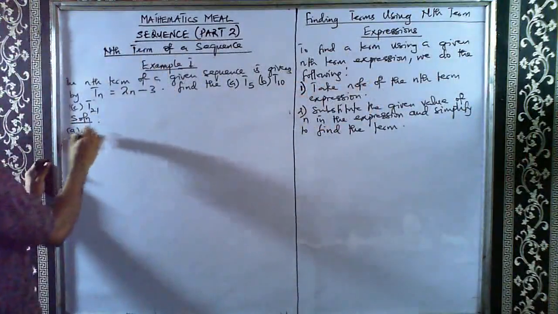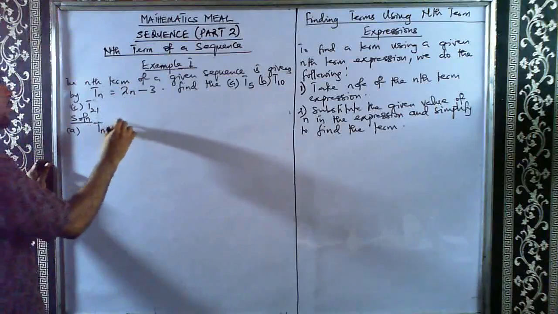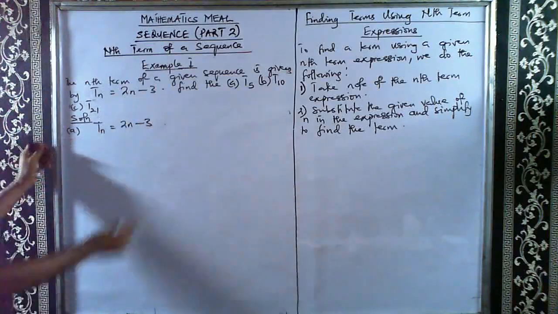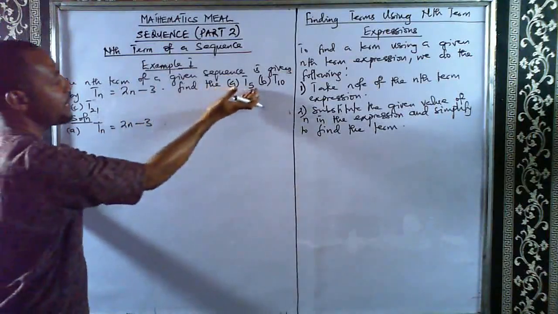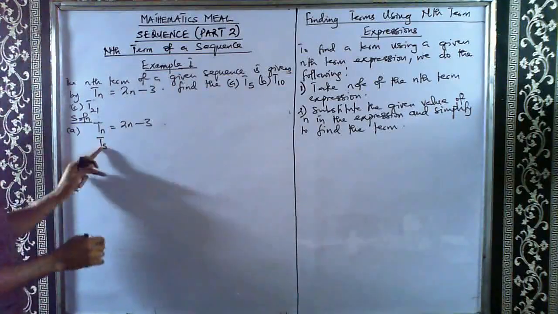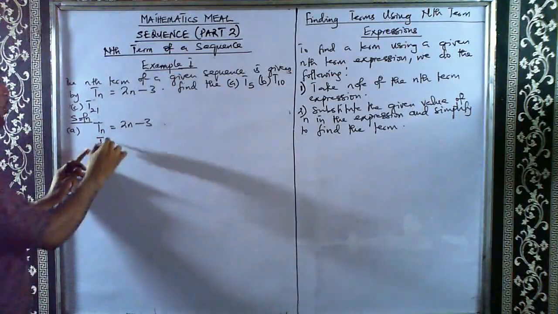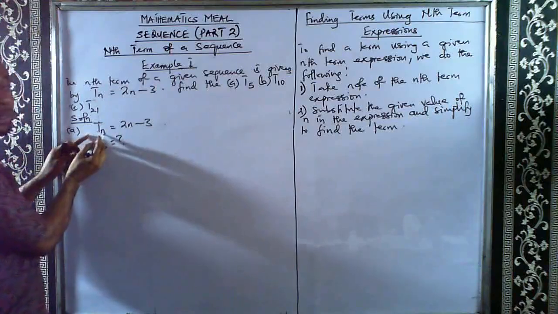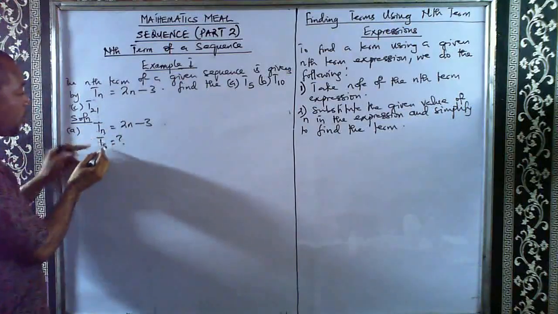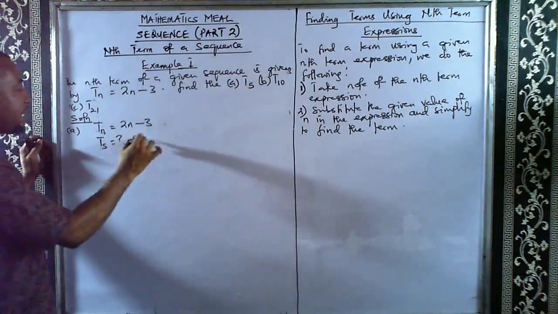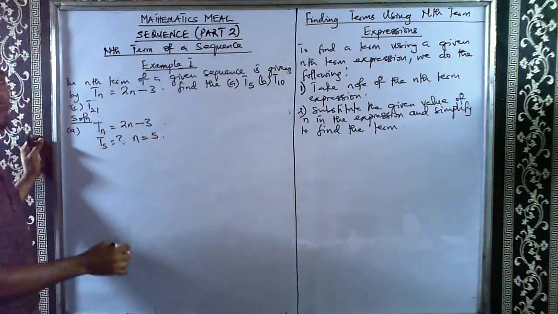So we want to solve the first question. The n-term expression here is 2n minus 3. Now the first part of the question is find the 5th term. Now this is T5. That's what we are asked to find. For you to find T5, now look at this. This is T sub n. This is a subscript. What number replaced n here? Is it not 5? So it means that in this case n is equal to 5.